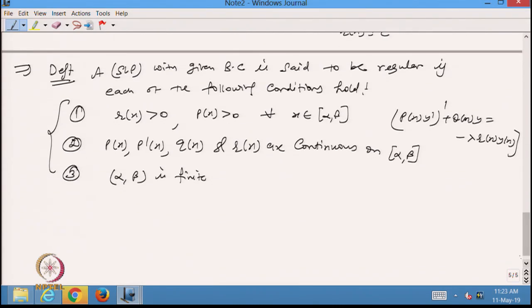Now, there is one theorem we want to define for any regular Sturm-Liouville problem.